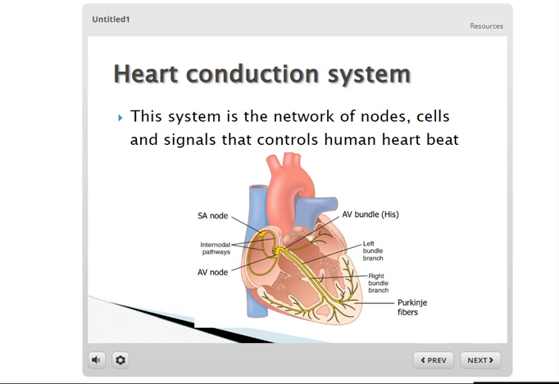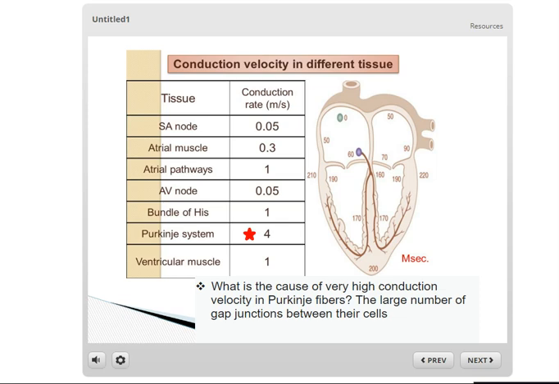The electrical impulses travel through the conduction system, leading to the contraction of the heart muscle. The conduction velocity varies significantly among different tissues in the heart.